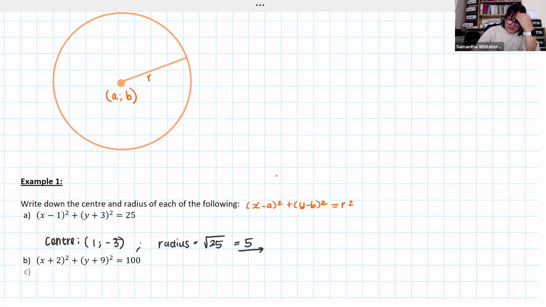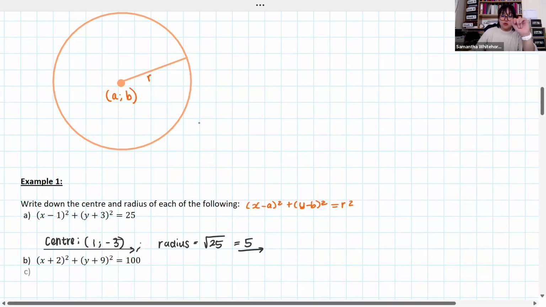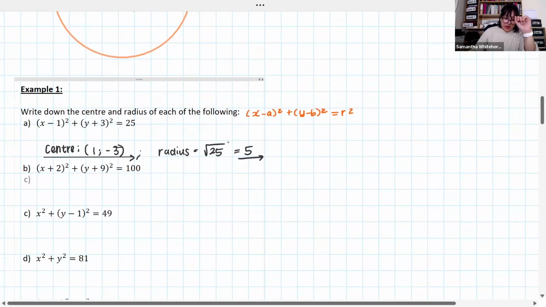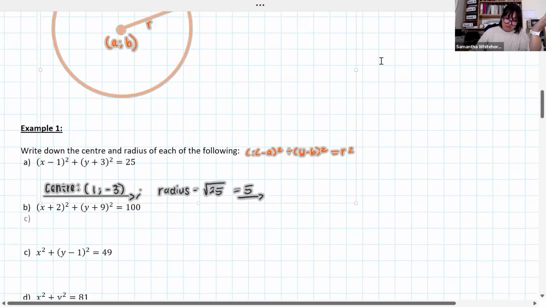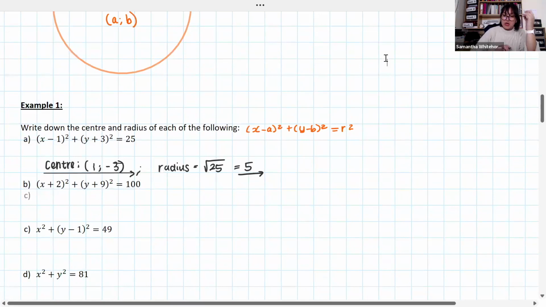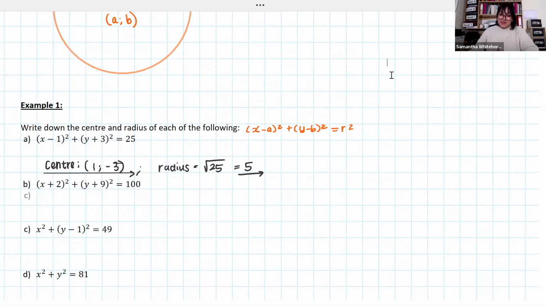5 units. Okay, so we've got the center and we've got the radius. That's all we need to stress about. Right, if we have a look at question B, who can give me what the center is and the radius of the circle?